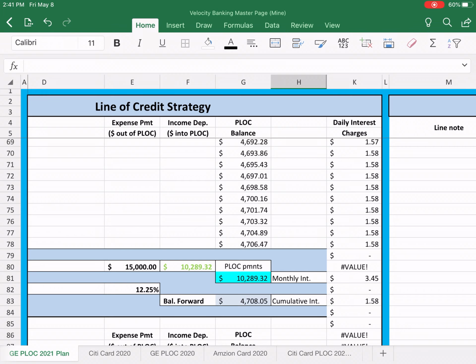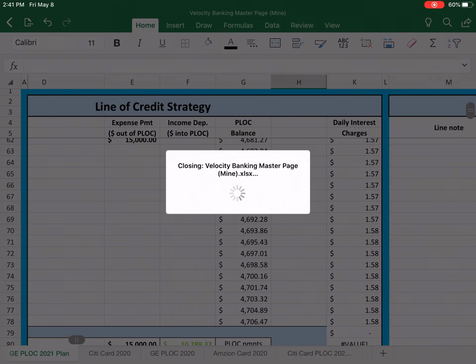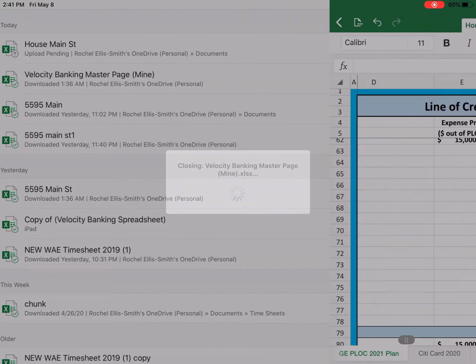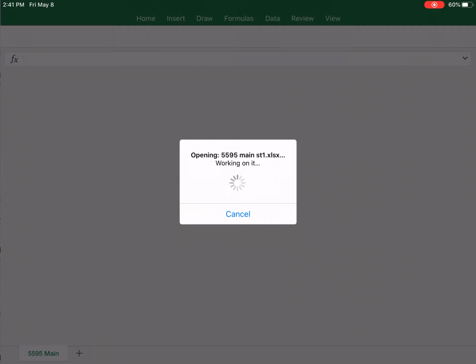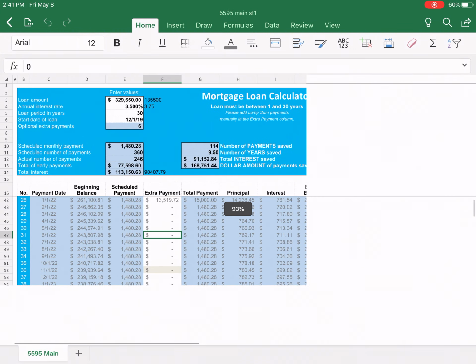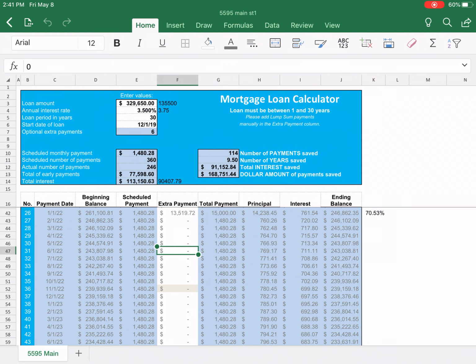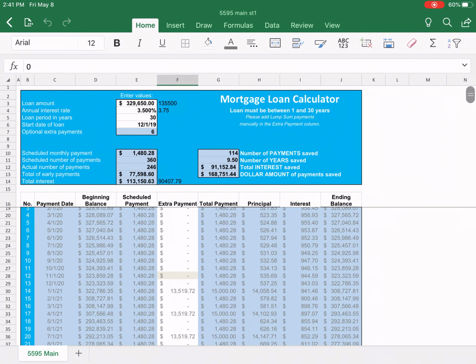Okay, so let me take you over to another calculator that I use to show you the amount of money you save. Okay, so here we are. This is another calculator someone created for Denzel. So I want a chunk, right?